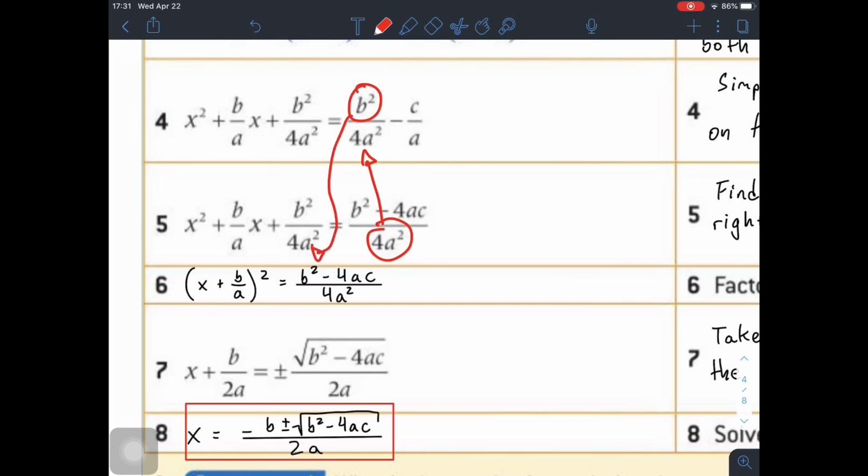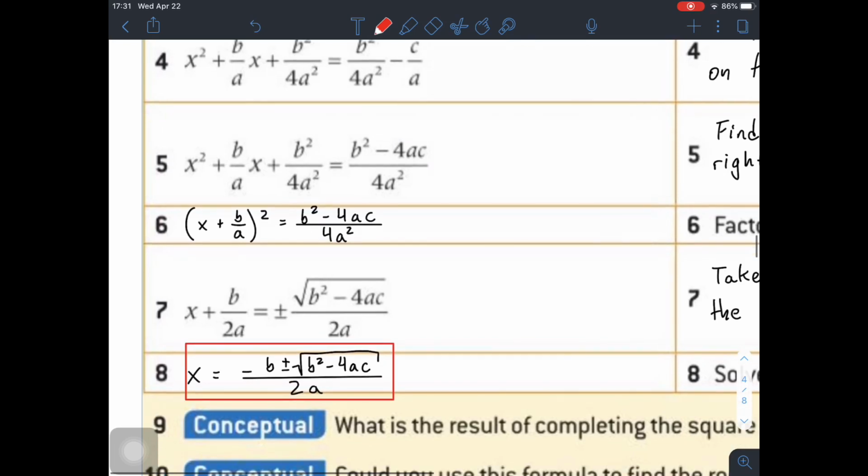And then 4a squared divided by this a over here gives us 4a, and 4a times c is 4ac, which is what we have here. Okay? So we just find the common denominator and rewrite the expression.